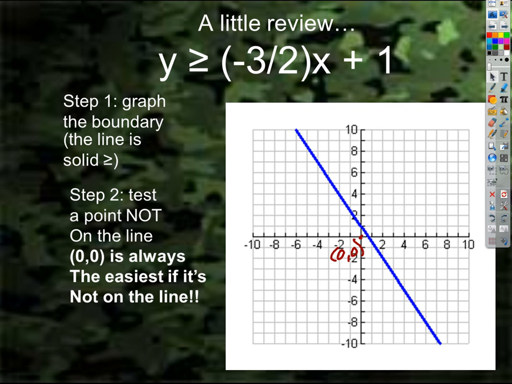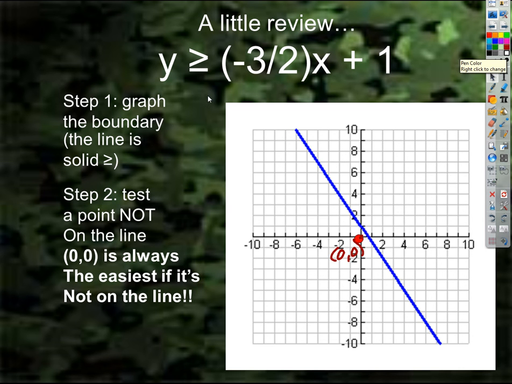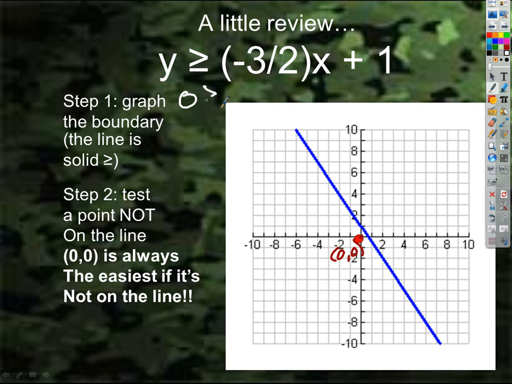Okay, so if I test that point, if I plug 0 in for x and 0 in for y, would you agree then that I'm going to get 0 on the left, and on the right I'm going to get -3/2 times 0, which is just 0, plus 1. So is that true? Is 0 greater than or equal to 1? That is false, isn't it?